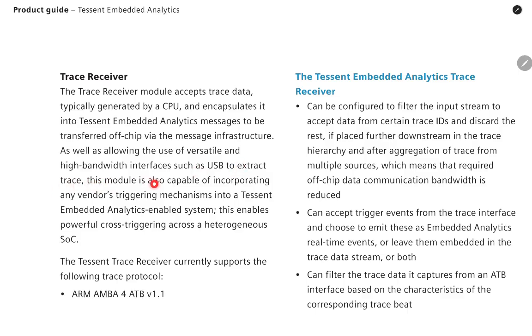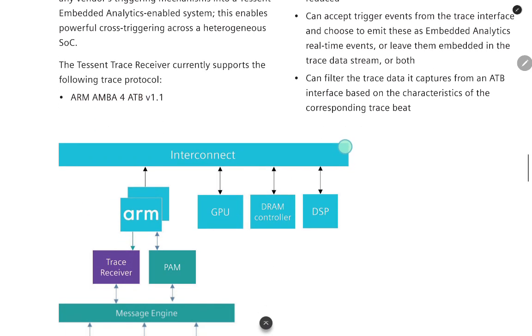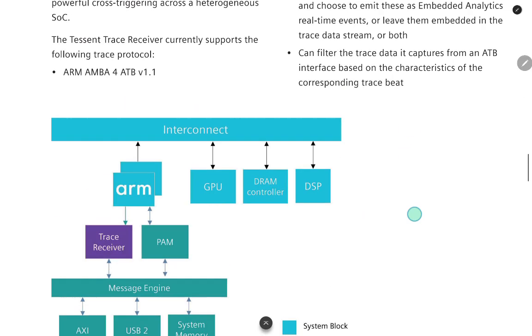This module is also capable of incorporating any vendor's triggering mechanism into a Tessent Embedded Analytics-enabled system. This enables powerful cross-triggering across heterogeneous SoCs. The Tessent trace receiver currently supports the following trace protocol: ARM AMBA ATB version 1.1. And this is the trace receiver connectivity.